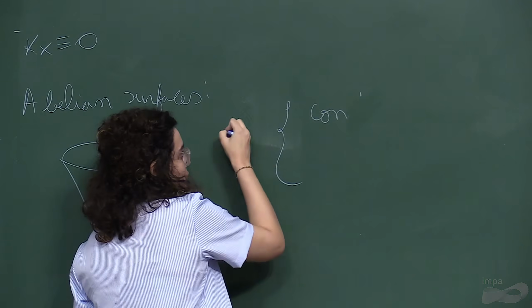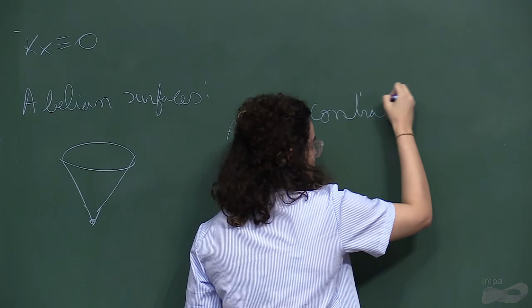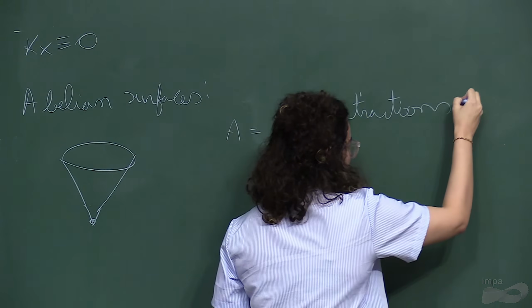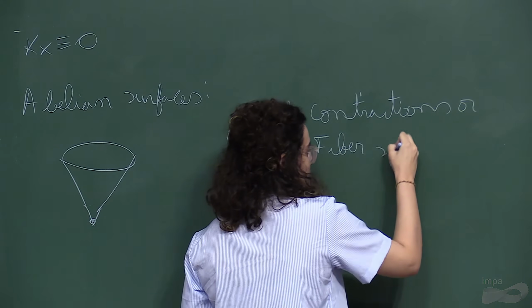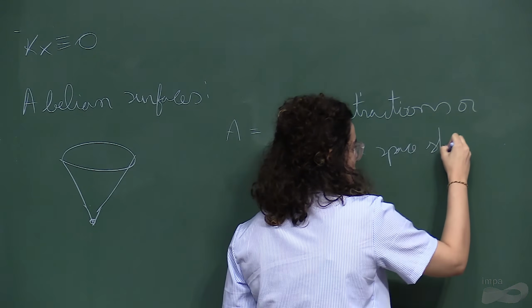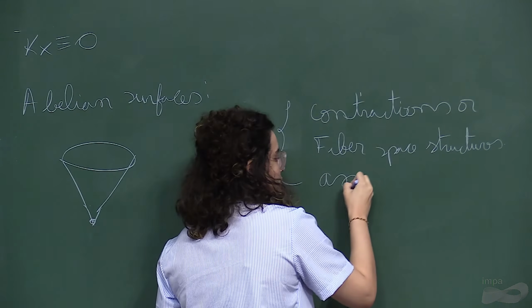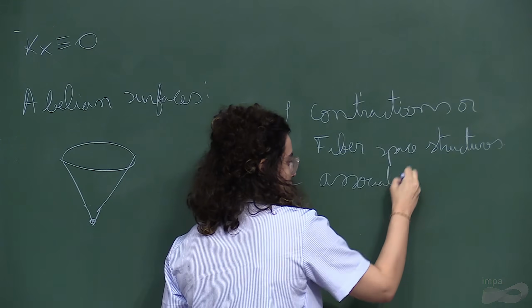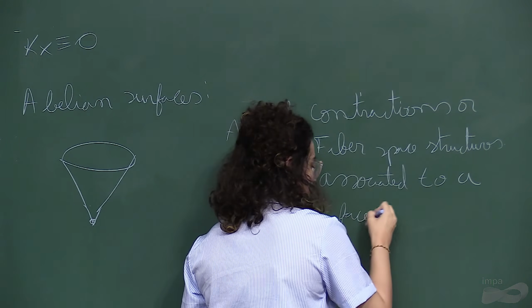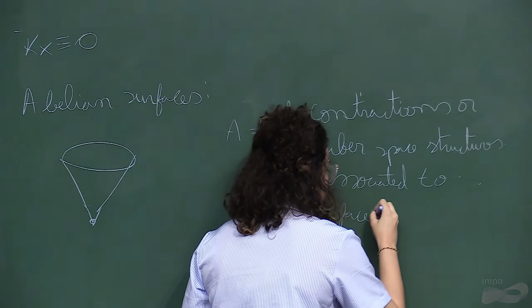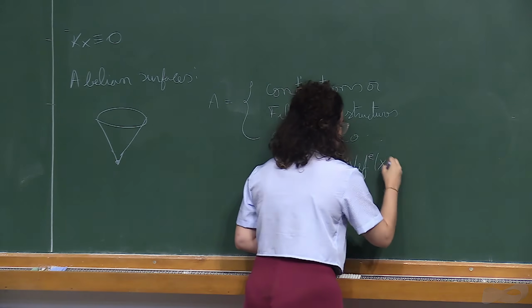I will denote by A the space of contractions or fiber space structures associated to two faces of the nef effective cone.